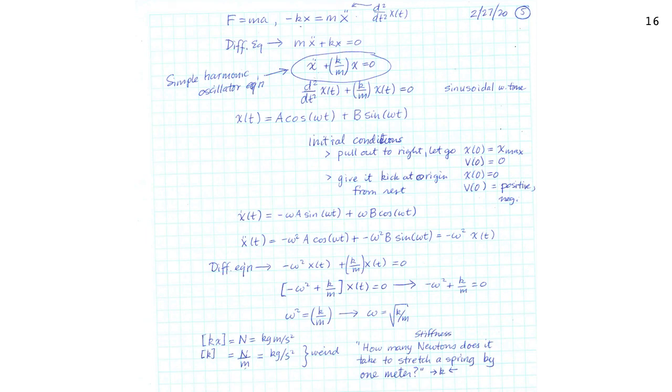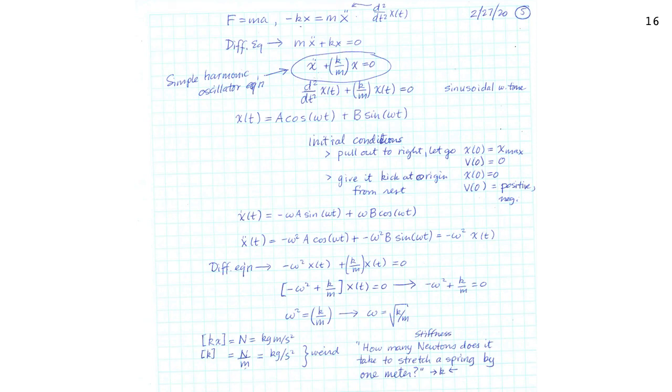So initial conditions tell you whether you should use sine or cosine or a mixture. So for instance, pull out to the right, then let go.